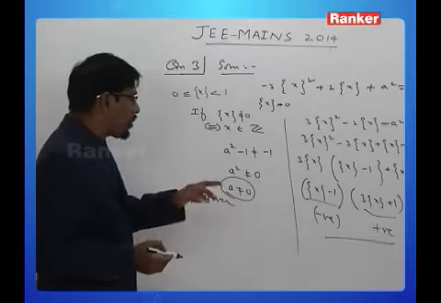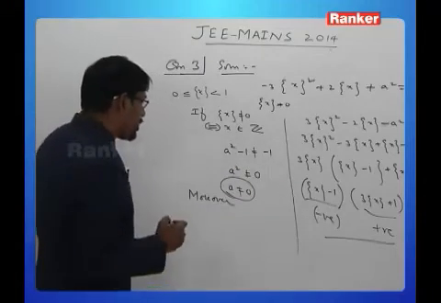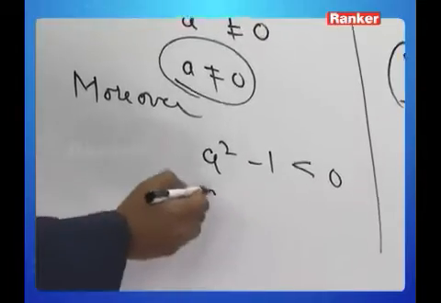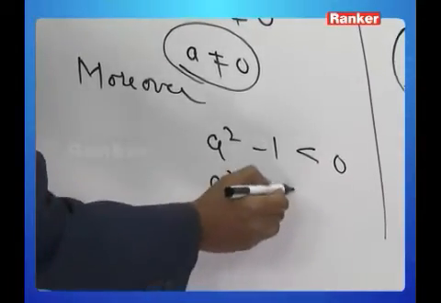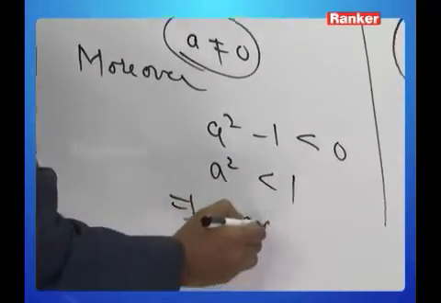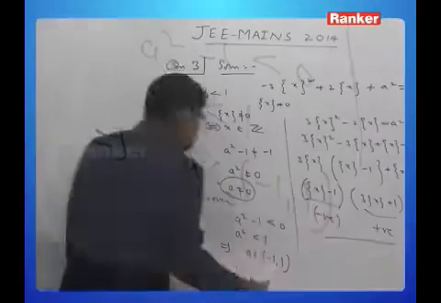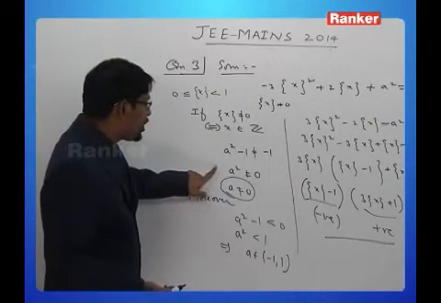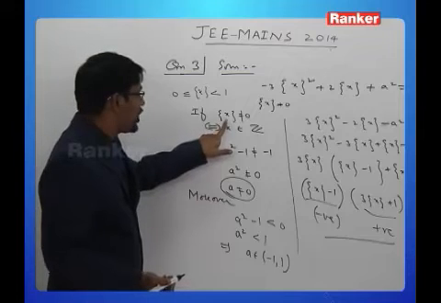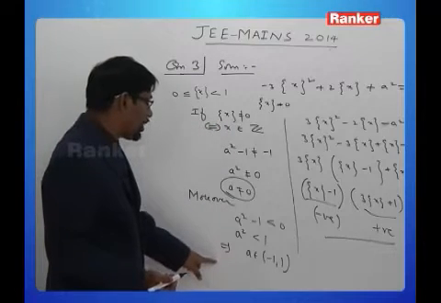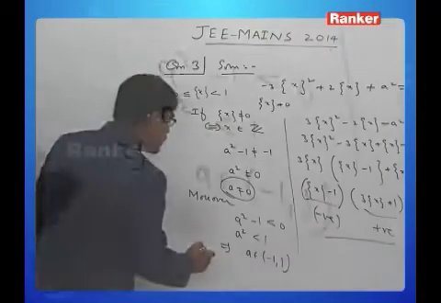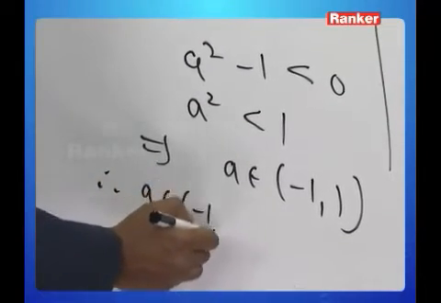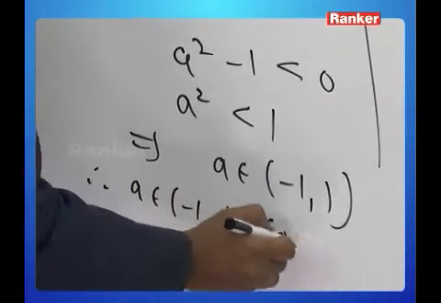So a square minus 1 by choice should be a negative quantity. So a square less than 1, which means that a should actually lie in the open interval minus 1 to 1. But if a were to be 0, we have said fraction part of x will become 0, and you don't want a to be 0 then. Therefore, a should belong to minus 1 comma 0 union 0 comma 1.